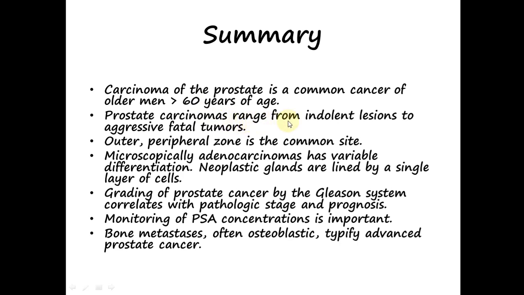A person with prostate cancer may have very mild disease and another person may suffer from aggressive fatal disease. The most commonly involved portion is the posterior peripheral outer zone, and microscopically there is variable differentiation.